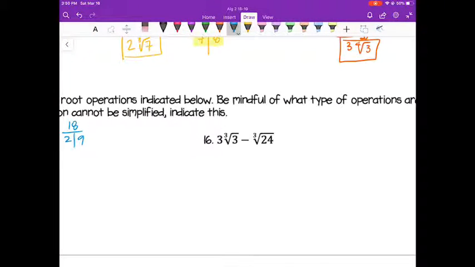Number 16, I've got 3 times the cube root of 3 minus the cube root of 24. Again, we want to break down the cube root of 24 before we move on. 24's perfect factor would be 8. So we've got 3 and 8. So the cube root of 24 is really the cube root of 3 times the cube root of 8, which, as we just said, was 2.